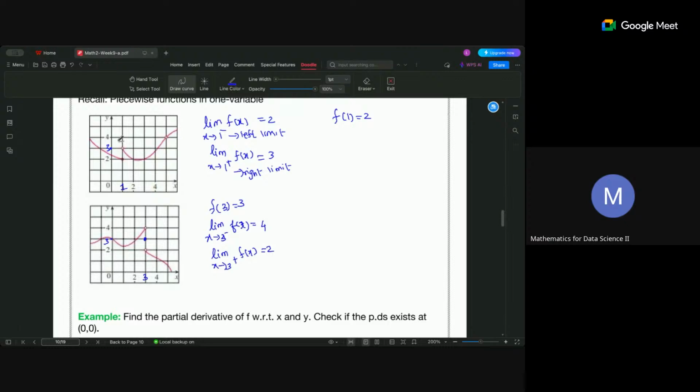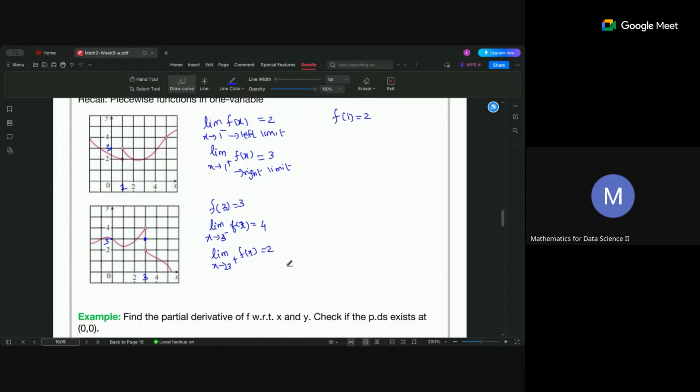No. Shouldn't it be infinite? Yes, you can approach that point in several different ways. Just imagine, for example, the origin. How many ways can you approach the origin? In so many different ways: along the x-axis, along the y-axis, along the z-axis, along the line y equal to x, along a plane, along different curves, along y equal to x squared. There are so many different ways you can approach.